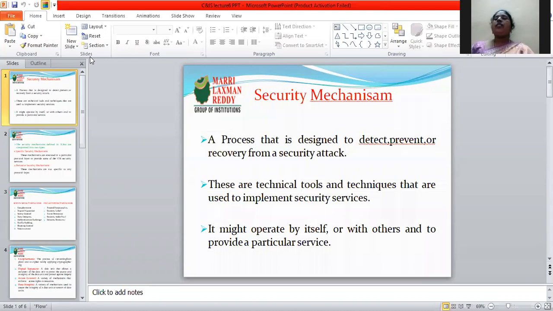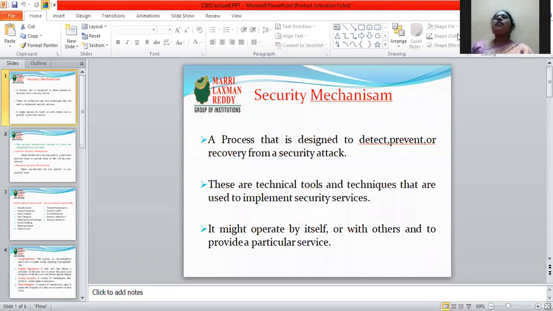In this session, we are going to learn about security mechanisms. The learning outcome is to identify the security mechanisms. It is a process that is designed to detect, prevent or recover from a security attack.